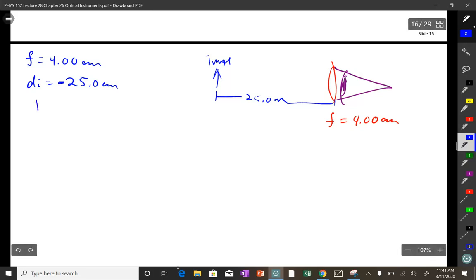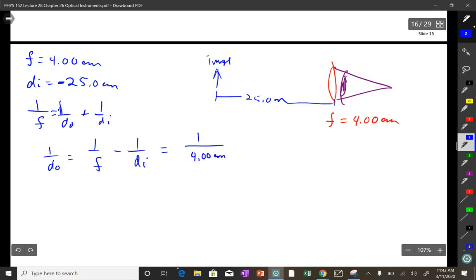And then 1 over f equals 1 over distance object plus 1 over distance image. So 1 over distance object is equal to 1 over f minus 1 over distance image, equals 1 over 4.00 centimeters minus 1 over minus 25.0 centimeters.